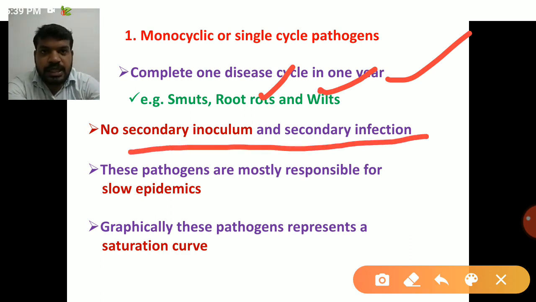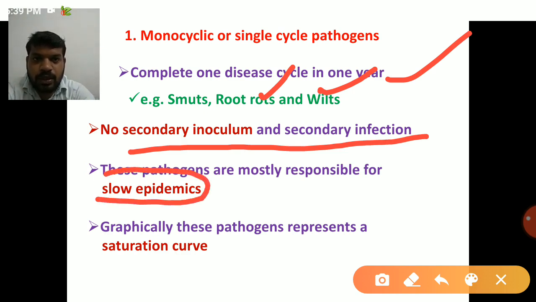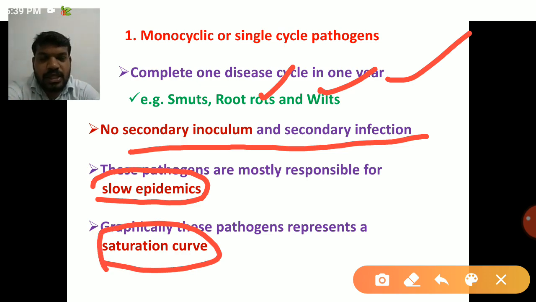It completes its life cycle with the primary inoculum itself. So these pathogens are mostly responsible for slow epidemics. They produce disease in a slow epidemic manner. Graphically these pathogens represent a saturation curve. Saturation curve means a decreased curve.